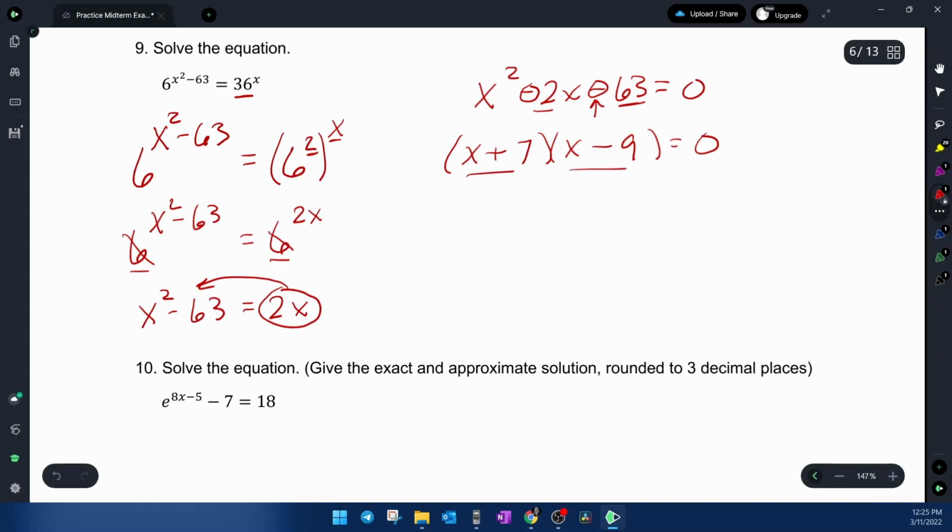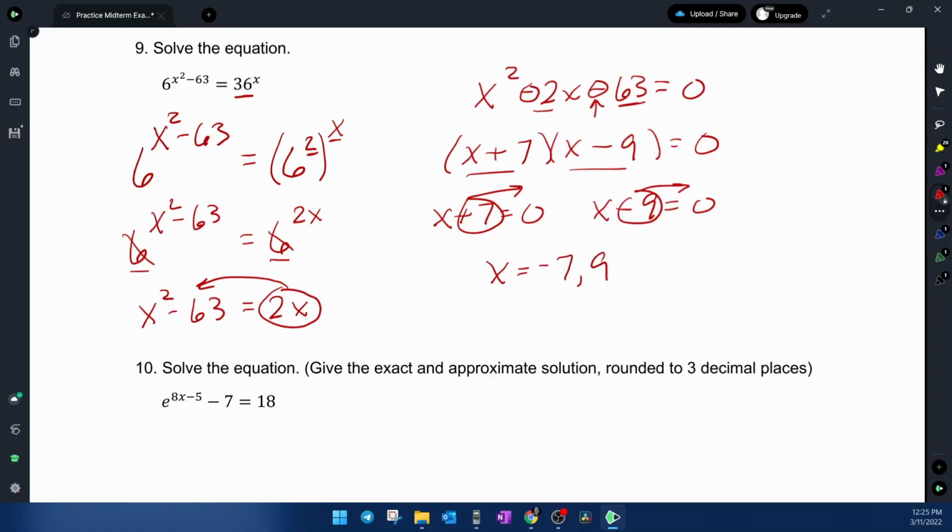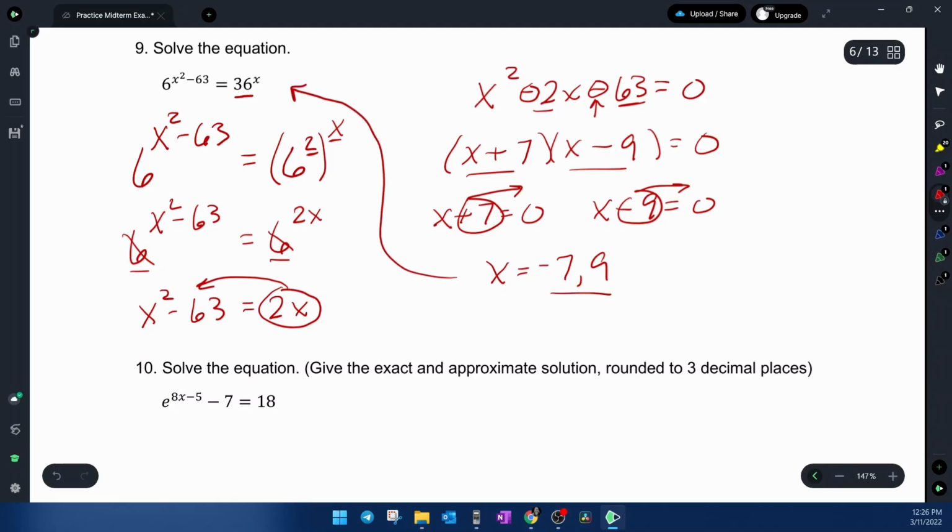And then I can set each factor equal to 0 and solve. Moving those numbers over is going to give me x equal negative 7 and positive 9. And if we plug those back in to check them, you will find that they both work. And so those are the solutions for that equation.